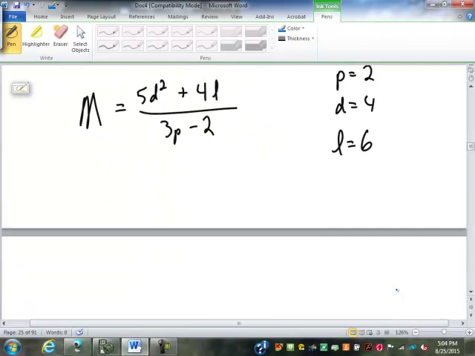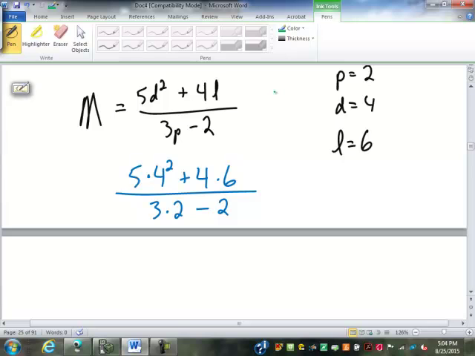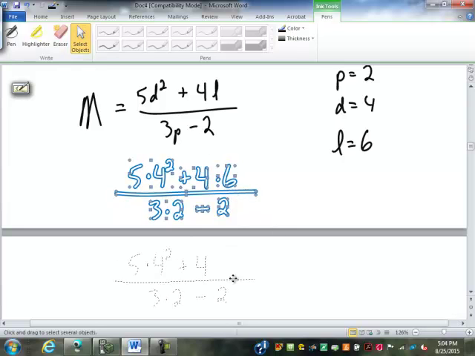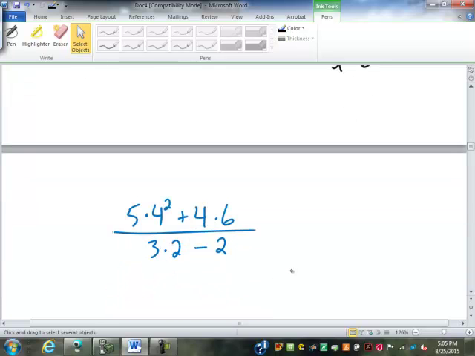So let's take a peek at this. So we're going to start out, this is going to be 5 times 4 squared plus 4 times 6 over 3 times 2 minus 2. Where do we start? Exponents, yeah. This is that fraction bar, of course, is an enclosing symbol, so we have to start on top.